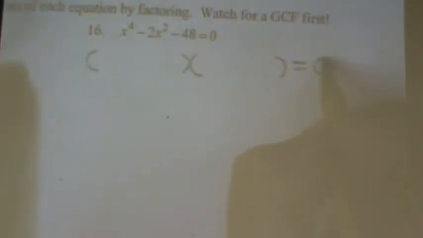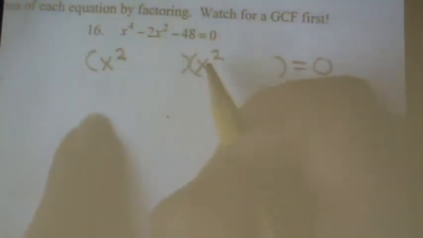Number 16, or if you're bored. What do you do for this one? It's x to the 4th. When you have an x to the 4th and it's a trinomial, do your 2 parentheses. You're going to simply factor it. You're going to split this up into x squared and x squared. Now, what 2 numbers multiply to give you -48 but add to be -2? -8.